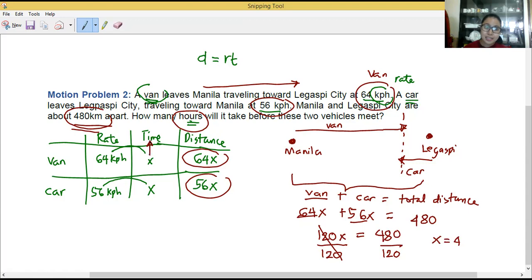It's for time. So it's written in hours. So we say that x is 4 hours. Let's go back to the question. How many hours will it take before these two vehicles meet? Our answer is in 4 hours, the van and the car will meet.